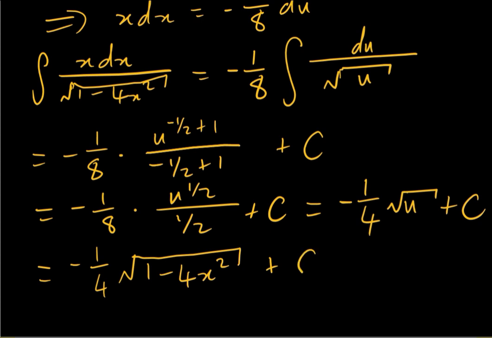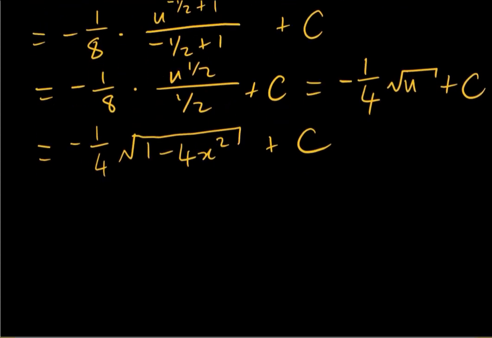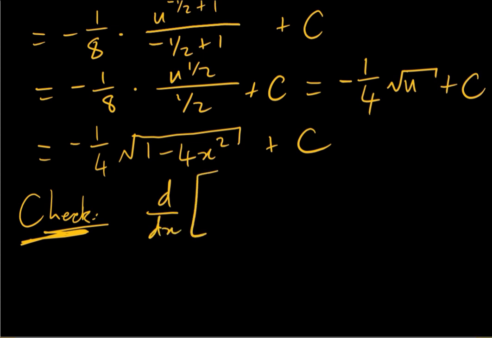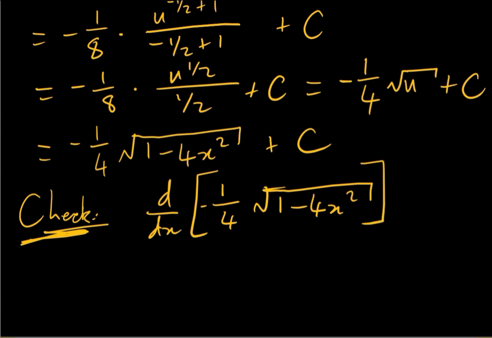and plus c. And now we can check using differentiation, using the chain rule. Let's just check if this makes sense. So we do d dx of negative a quarter times the square root of 1 minus 4x squared. Once again, I'll leave the c out because it's just going to be 0.